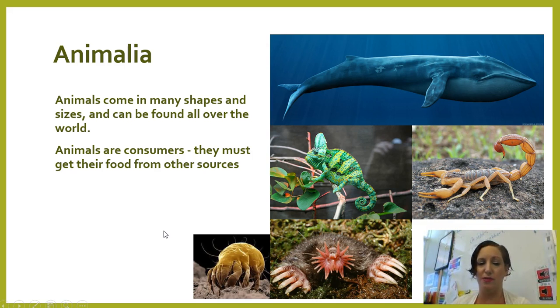Animals are consumers, which means that they must get their food from other sources. So whether it is directly from eating plants, or maybe, if they are meat eaters, it might be eating other insects or other animals. But those carnivores still directly or indirectly rely on plants as their nutrition, because the plants will be the first thing that produces.